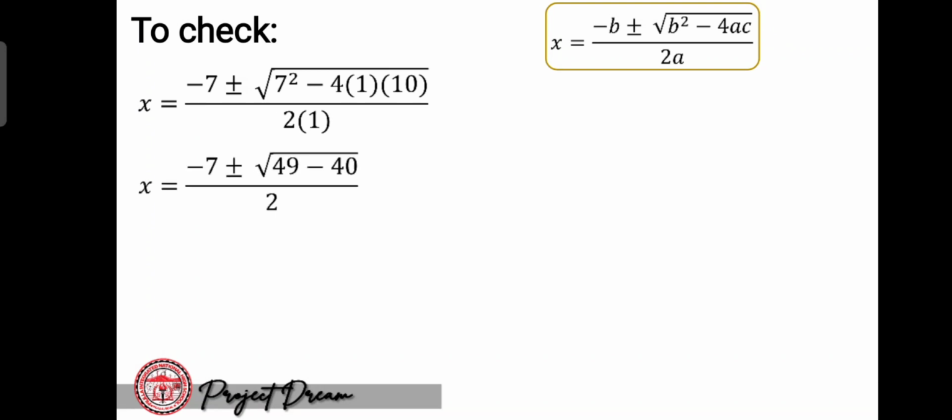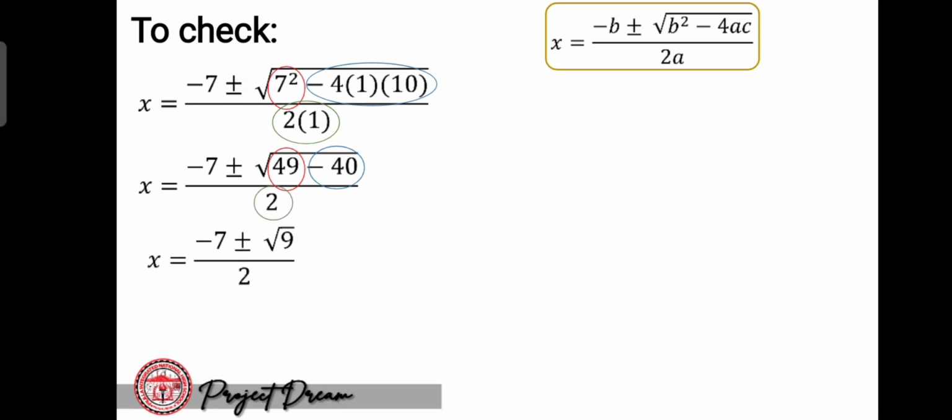It becomes x is equal to negative 7, either positive or negative, square root of 49 because 7 squared is equal to 49, minus we have 4 times 1 is equal to 4 and then times 10 is equal to 40, all over 2 times 1 is equal to 2.